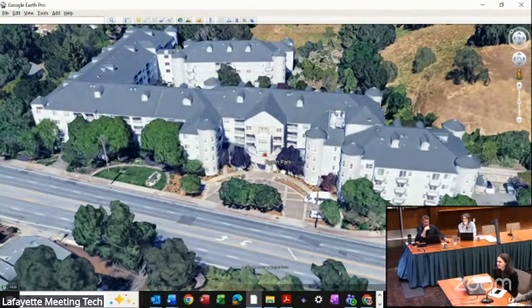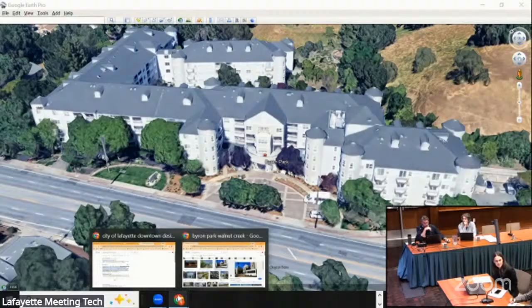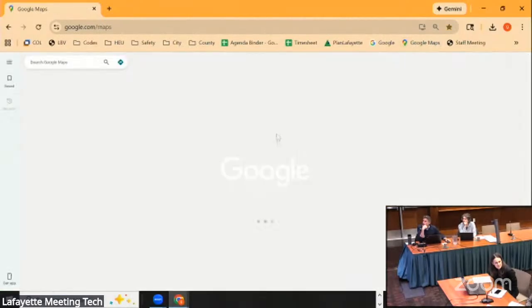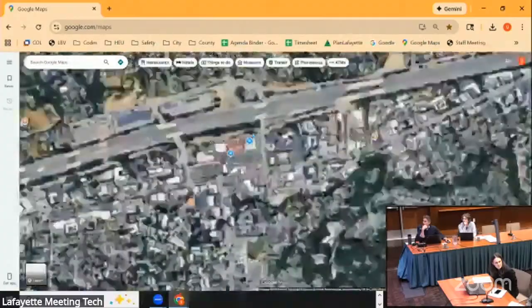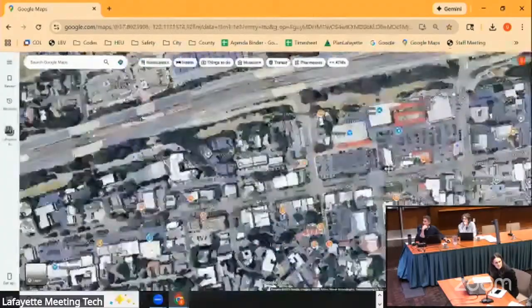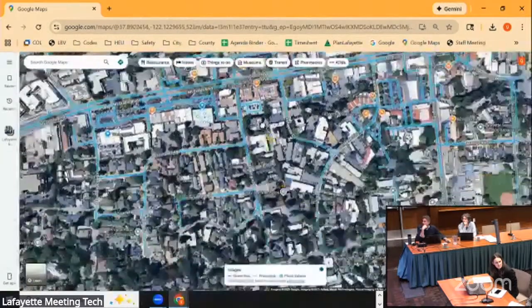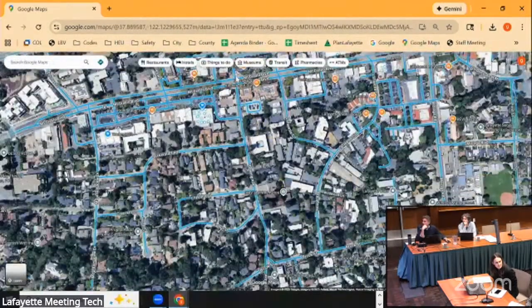And then we also, I'm sure you're familiar with 1000 Dewing. Actually, this is ground level views of Byron Park. Why don't you pull up the Lafayette Park Hotel?